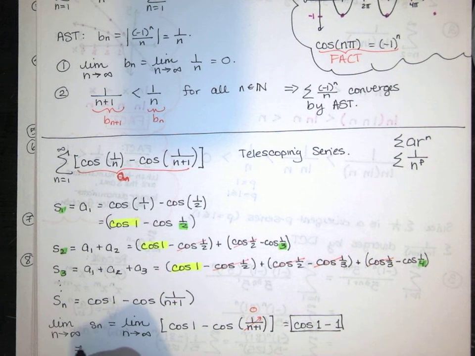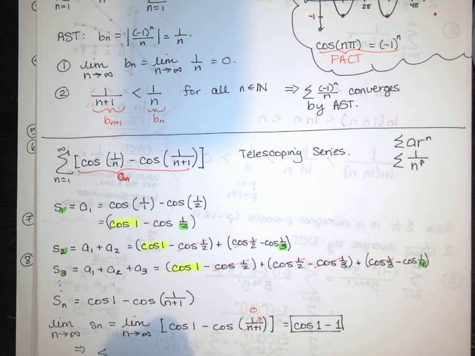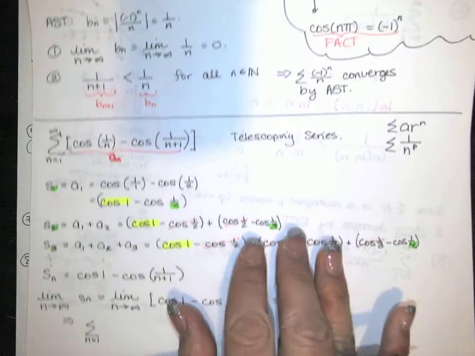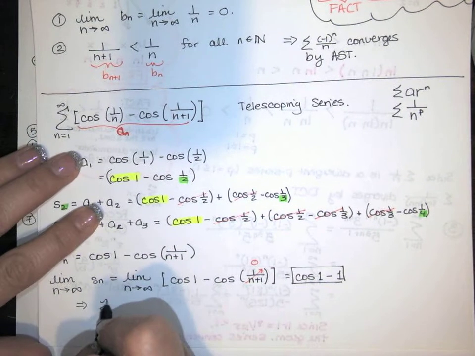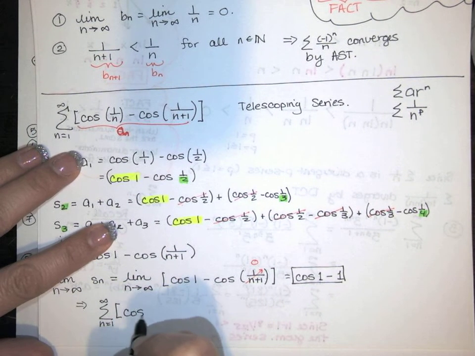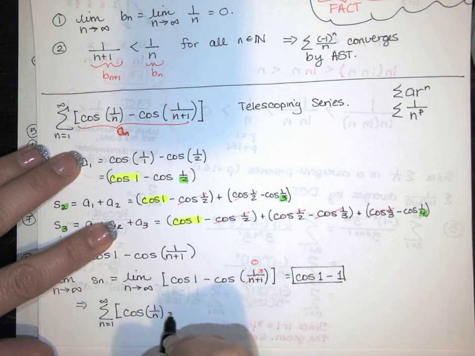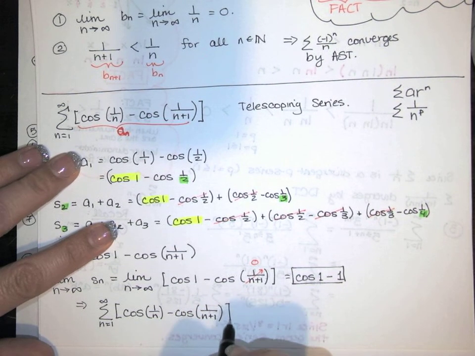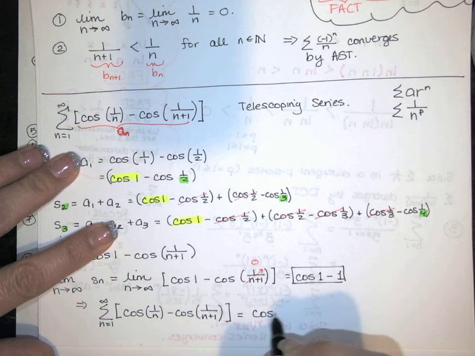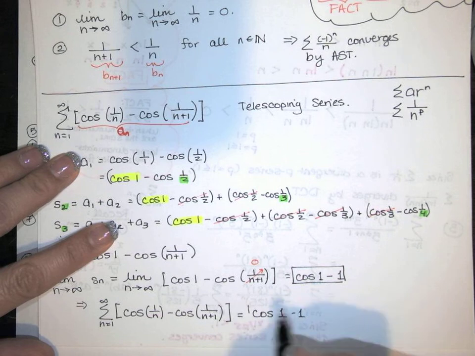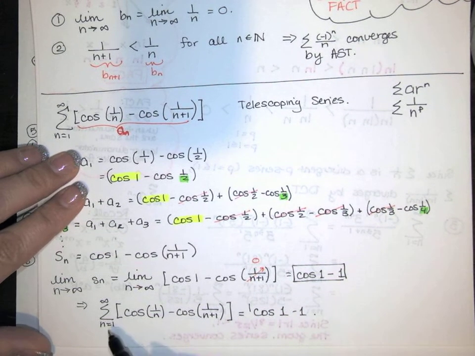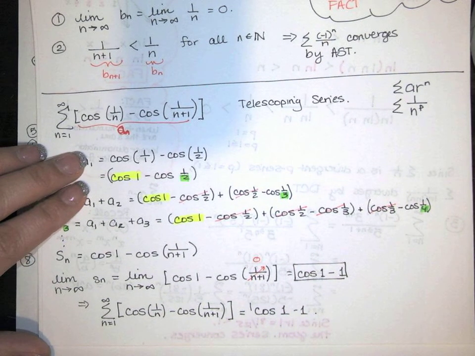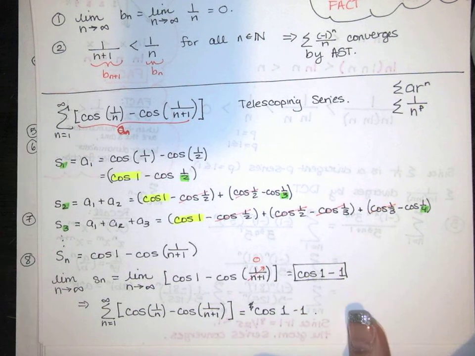So we could write that this series converges to cosine of 1 minus 1. Or we could say this series equals cosine of 1 minus 1.